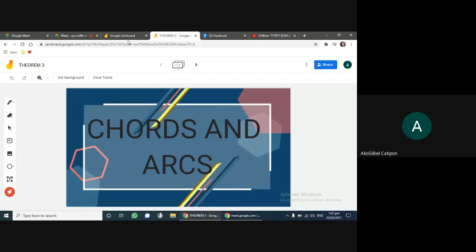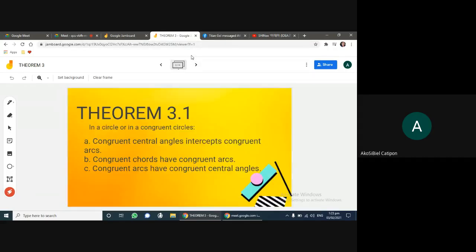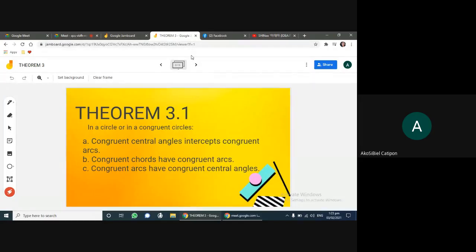The first part of this theorem, Theorem 3.1, it says that in a circle or in a congruent circles, congruent central angles intercept congruent arcs, congruent chords have congruent arcs, congruent arcs have congruent central angles.